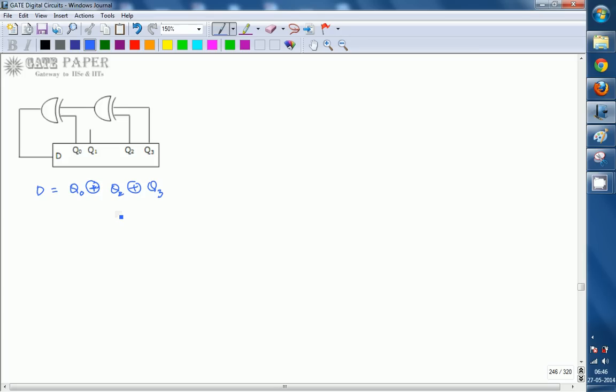And here we are writing the states. First of all, the D value, and later the clock pulse, D value and later clock pulse. Next we are going for the state as shift register contents, that is Q0, Q1, Q2, Q3.